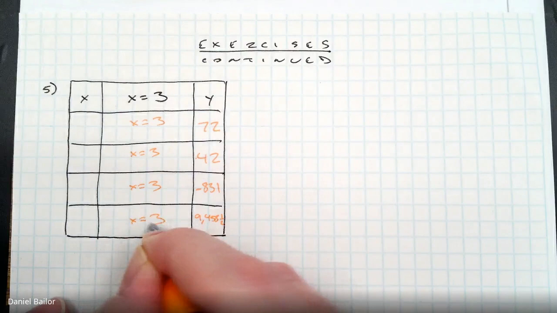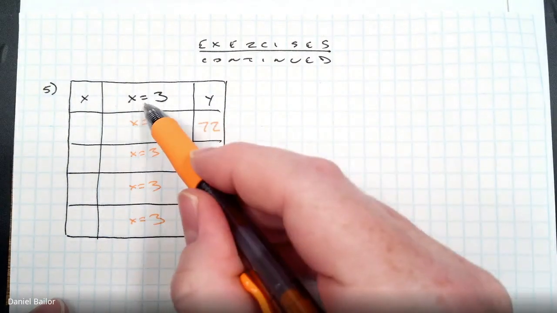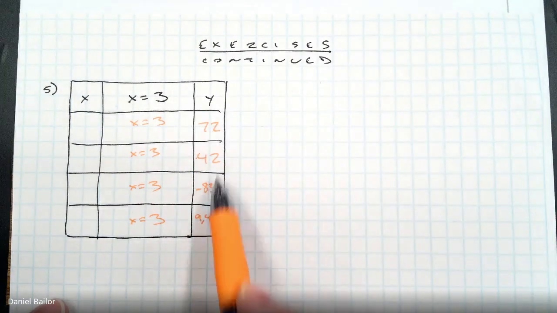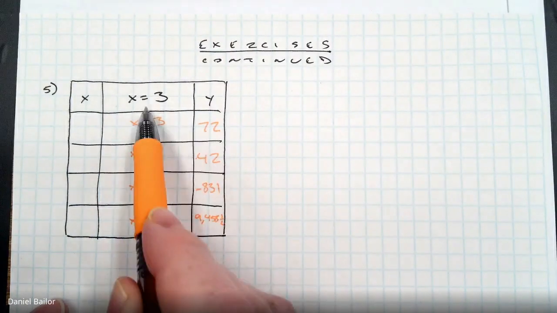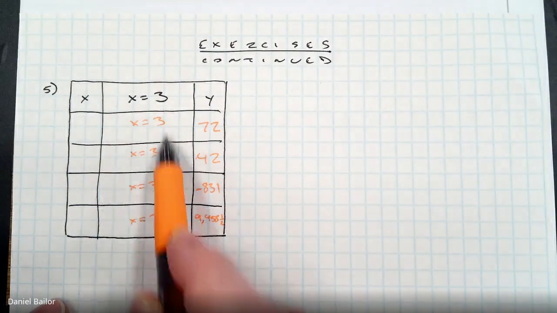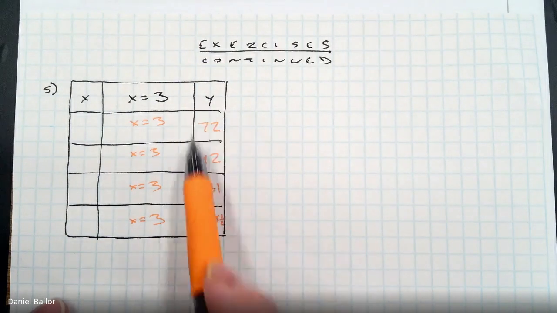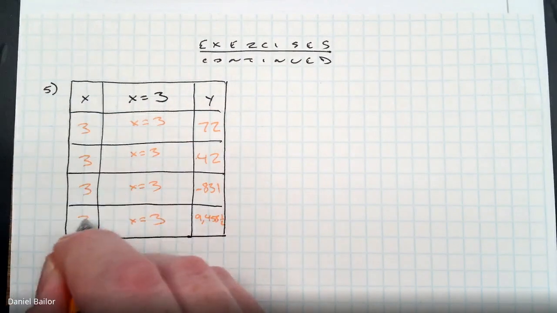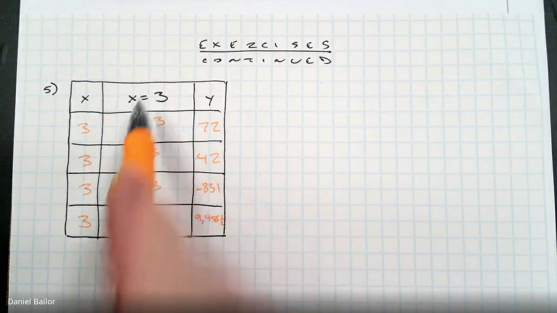You can see it does not matter what y is because there is no y here. Whatever y is, it's never going to change this because there's no y in the equation. So the y's change nothing. It's always x is 3, always, because there's no y's here.